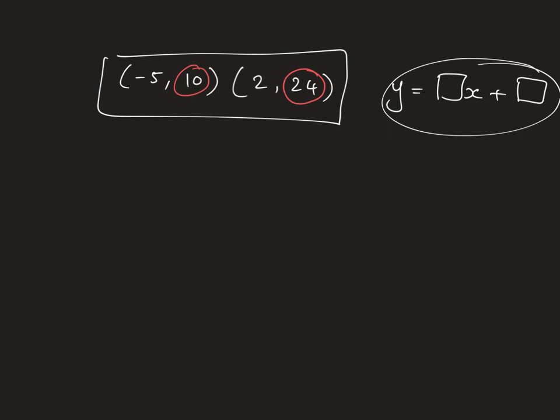Essentially what I'm trying to do is find out what you add to 10 to make 24. Well, that's plus 14. So 24 minus 10 gives me the rise. So 10 plus 14 will give me that 24. Now I'm going to find out what my run is, my x change. Well, minus 5 plus what makes 2? Well, that's plus 7.